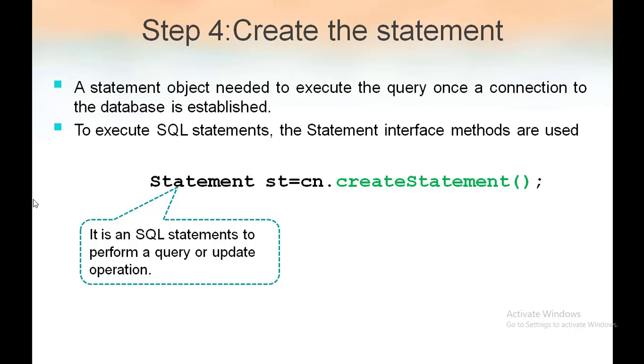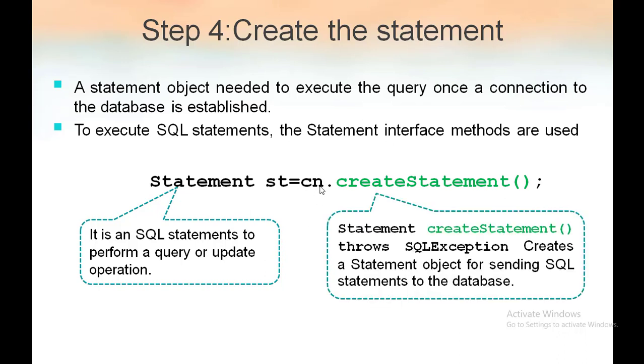Statement st, the statement object, is equal to connection object dot createStatement. createStatement throws SQLException and creates a statement object for sending SQL statement to the database. Here we mapped connection object with createStatement method. So now onwards we will use st to execute or update a query.